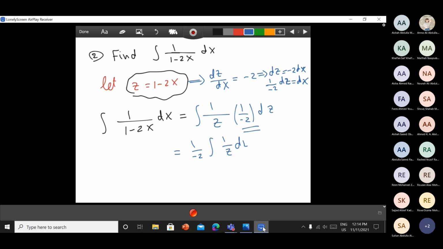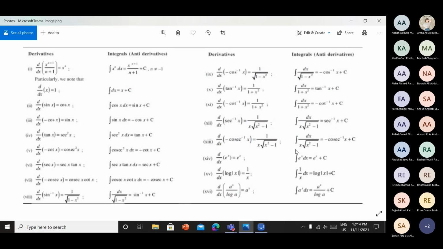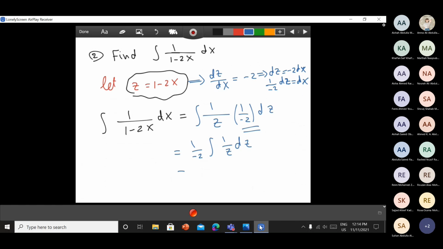Now I'm ready to use this formula. The integration of 1 over z dz will be the logarithm of the absolute value of z plus c. So it will be equal to 1 over minus 2 log the absolute value of z plus c.